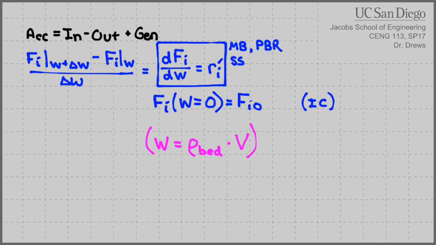If somebody tells you, here's the particular bed density that we're dealing with, tell me what the volume is, and you only know how to calculate the weight, you can then get the volume from an equation like this. Not often that we have to go back and forth, but I am pointing out that these are directly related to one another. Any questions on our two material balances so far?